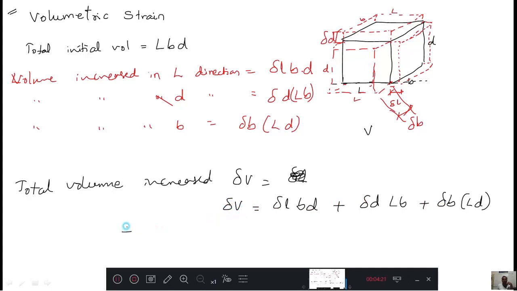Now divide both sides by volume. No alteration.